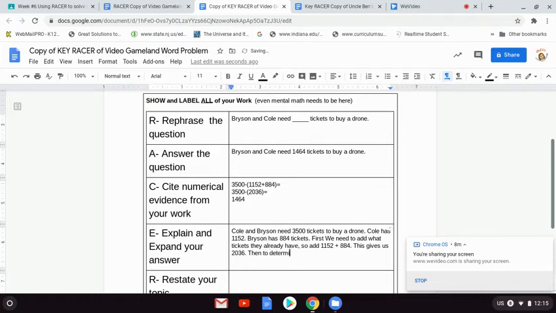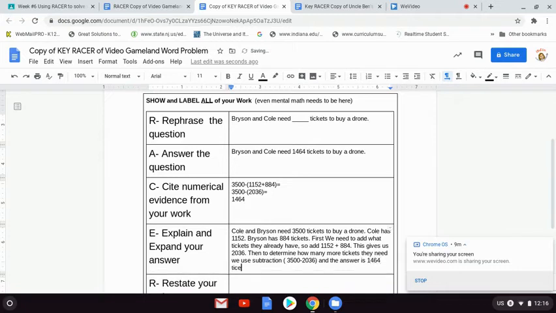Then to determine how many more tickets they need, we subtract, and the answer is 1,464 tickets are still needed.